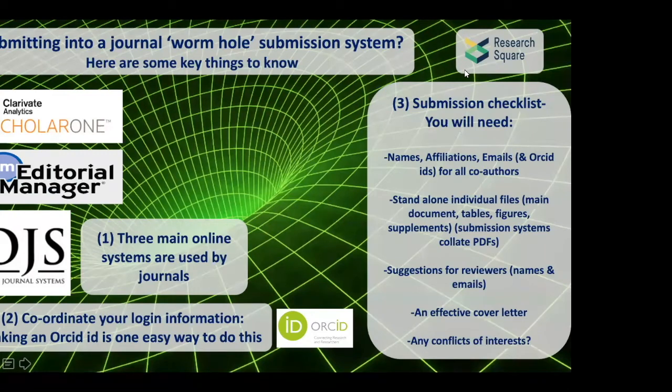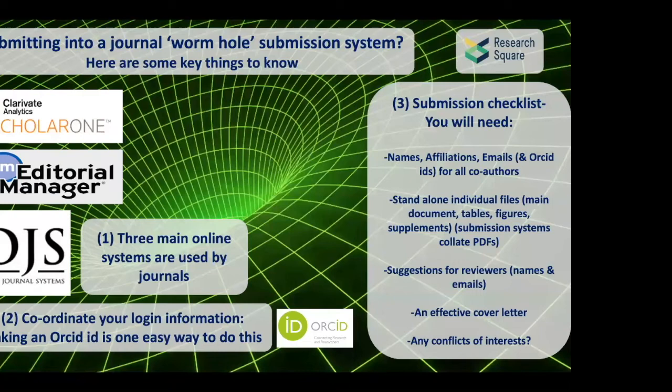And then thinking about putting your paper into that online system, have a think about what you need to have. Are you aware of all the names, the affiliations, the emails, the ORCID IDs for all of your co-authors? Have you got all your individual document files available for the submission as standalone individual files?